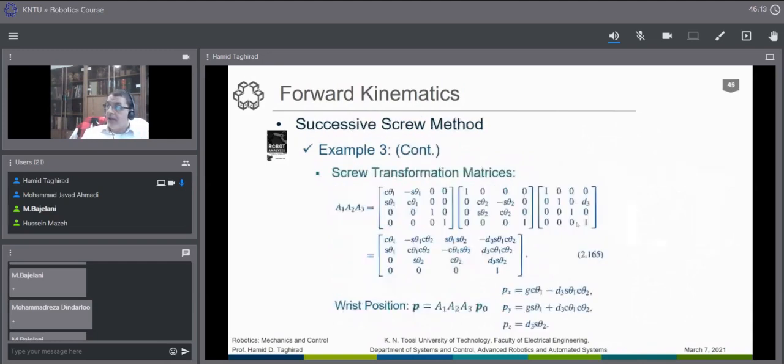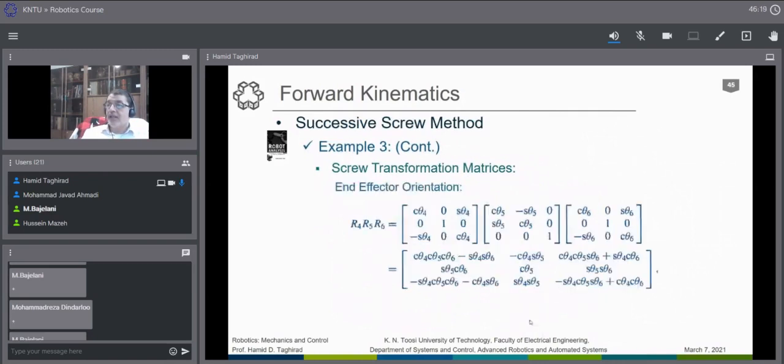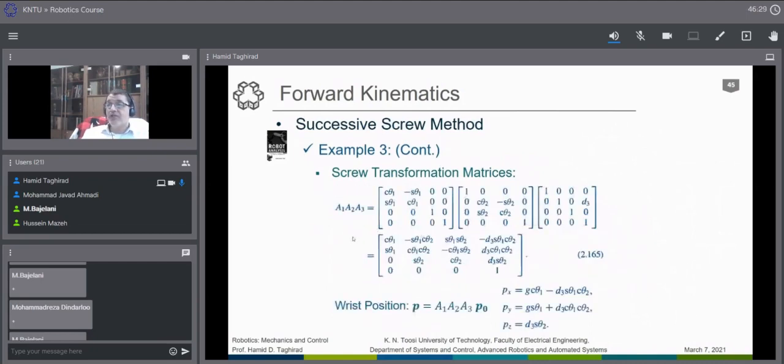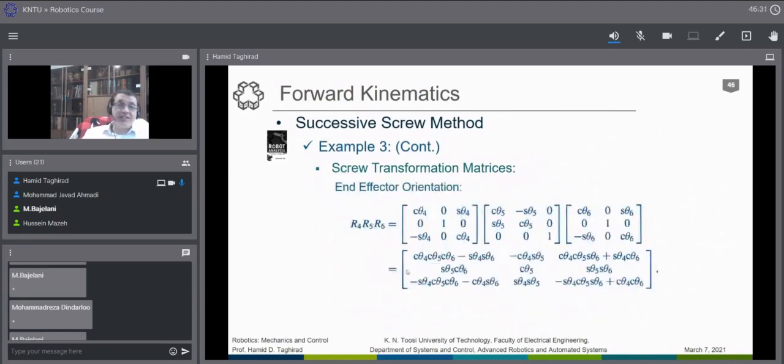Again, here we have three positions for the wrist, and then we can go for the orientation. As you see, we have an orientation with R5 or A4, A5, A6, which are R4, R5, and R6. This gives the orientation of the end effector.